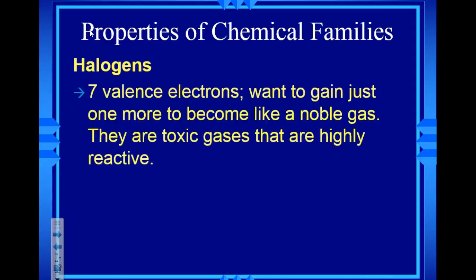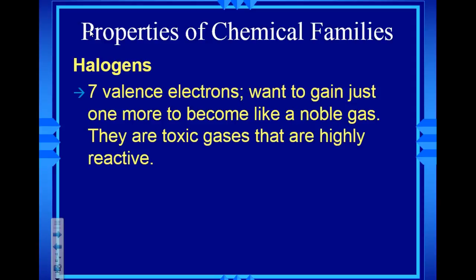Halogens have 7 valence electrons, which means they're 1 electron away from a full energy level. Rather than losing 7 electrons, gaining 1 allows it to fill its electron level needs.